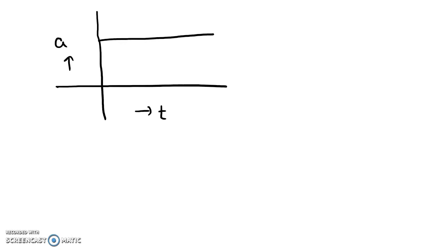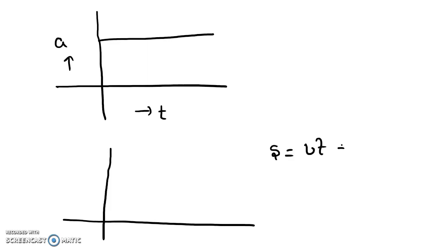And the graph of x versus t, displacement versus time: to find that graph, you see displacement s is ut plus half at square.